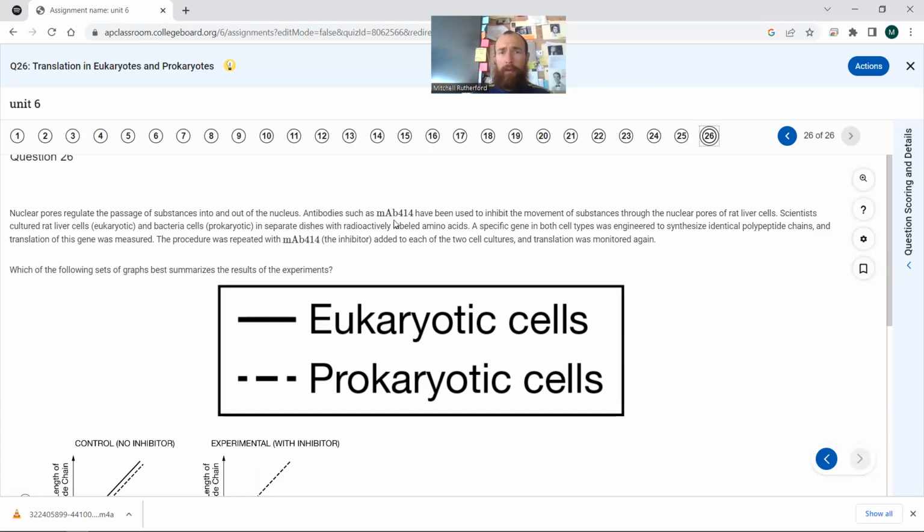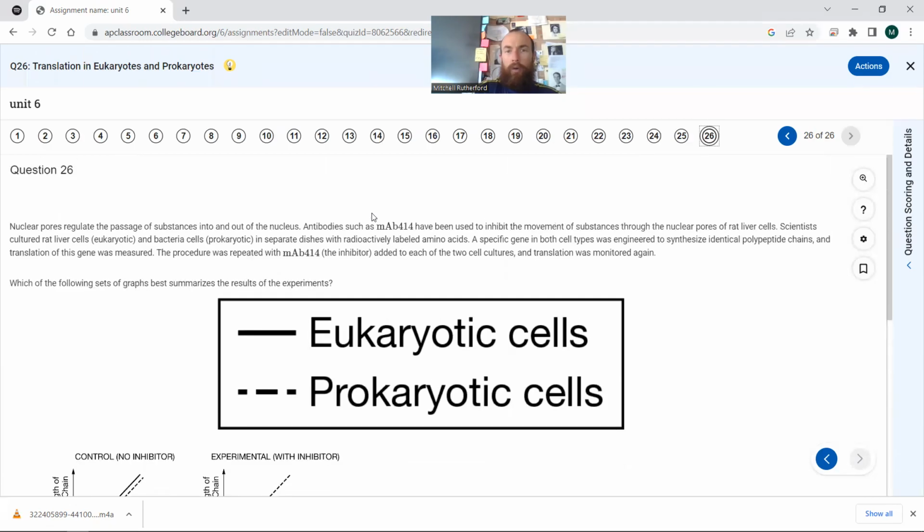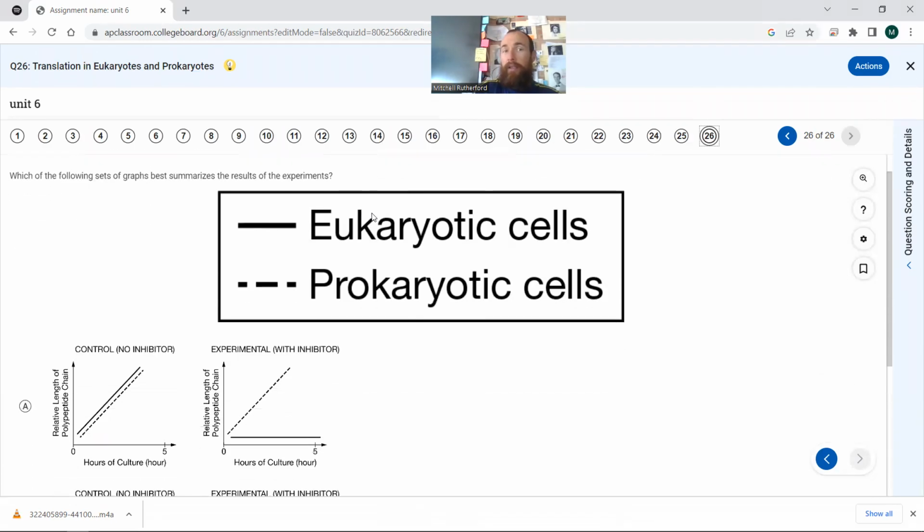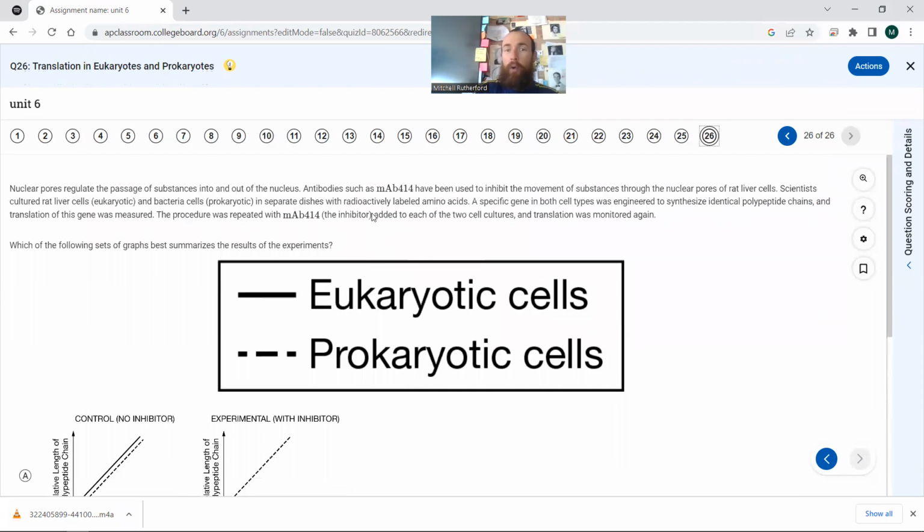Okay, this is the last one, but I'm not rushing. Nothing in nucleus with the inhibitor. Nothing in nucleus means no protein. No polypeptide, no protein. So to me, I'm thinking that's going to block out my eukaryotes, but my prokaryotes should be totally fine.